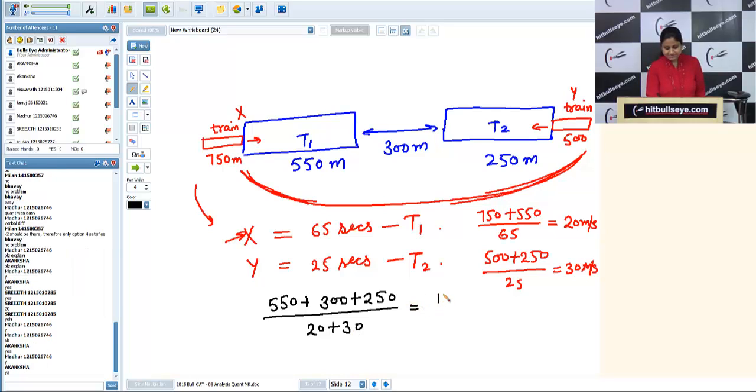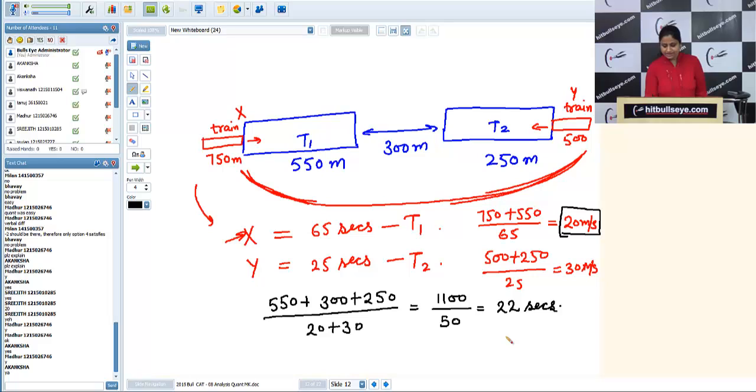Okay, which comes out to be 1100 divided by 50. It means after 22 seconds, both the trains will meet. Clear? Now coming to train X. Now X is meeting train Y after 22 seconds and its speed is 20 meter per second.